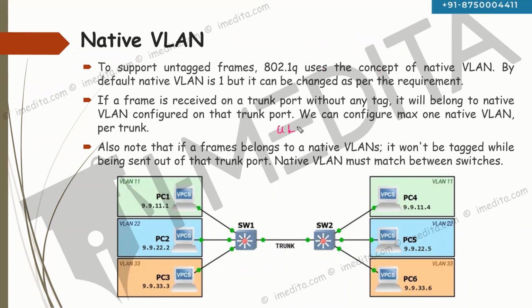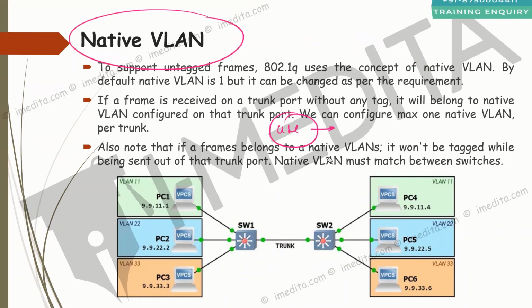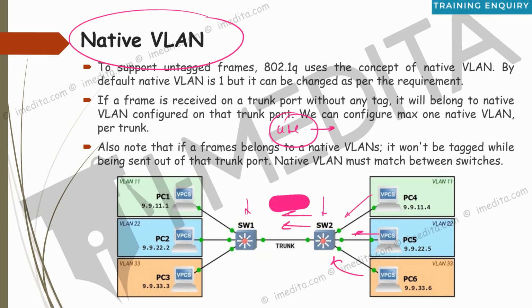Now, what is the use of this native VLAN? Why do we use this native VLAN concept? For what type of traffic do we not want the switches to add a tag? This is the data traffic, which can be tagged, no problem.